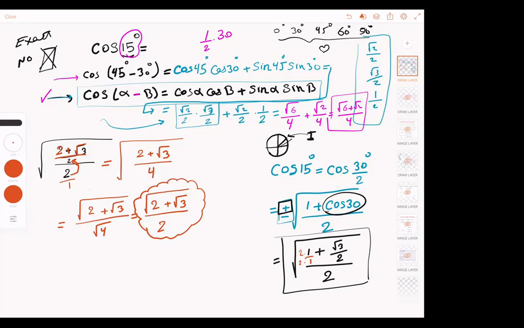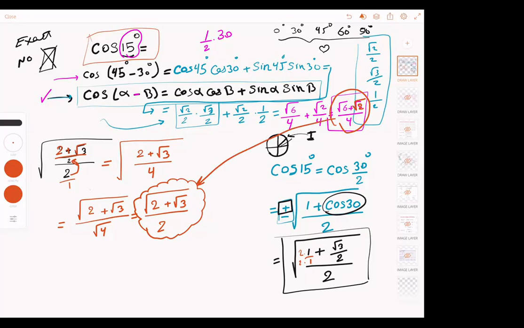What did you get, Elizabeth? When you use your fancy calculator, when I put in cosine 15, I get square root of 6 plus square root of 2 over 4. So we get this one, not this one.